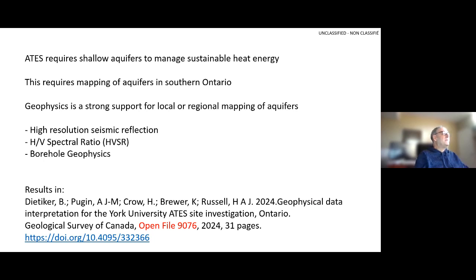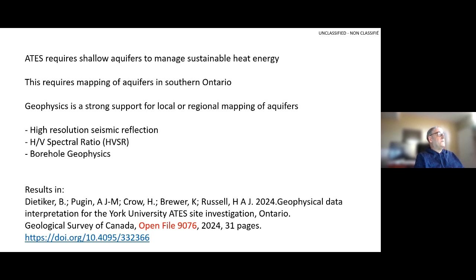So ATES requires shallow aquifers to manage sustainable heat energy. This requires mapping of aquifers in southern Ontario. Geophysics is a strong support for local and regional mapping of aquifers, as we have done a lot in collaboration with the Ontario Geological Survey and various surveys across Canada.